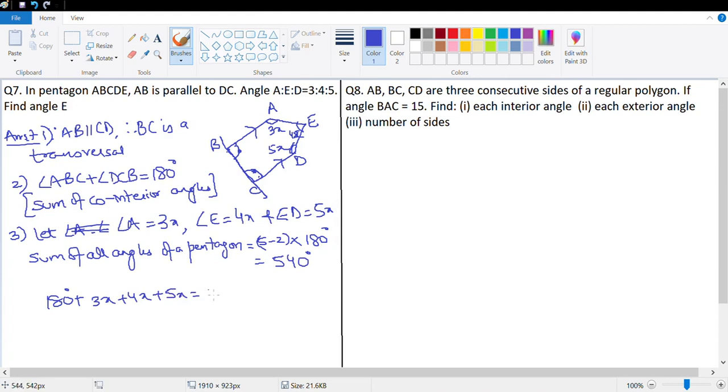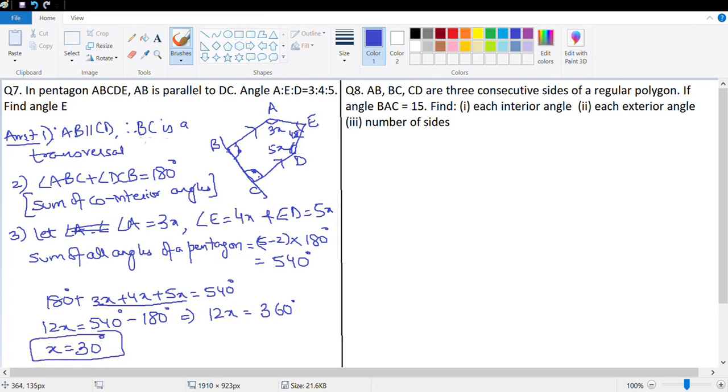They equal to 540 degree. So let's do this calculation. 3 plus 4, 7 plus 5, 12x. 12x is equal to 540 degree minus 180 degree, which means 12x is equal to 360 degree, and x is equal to 30 degree.